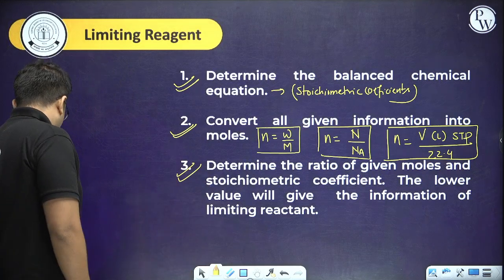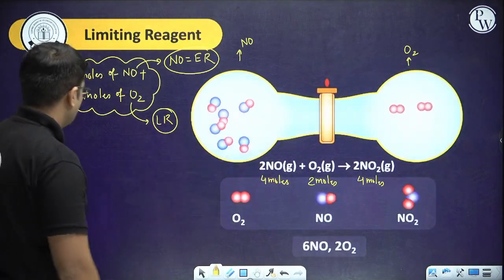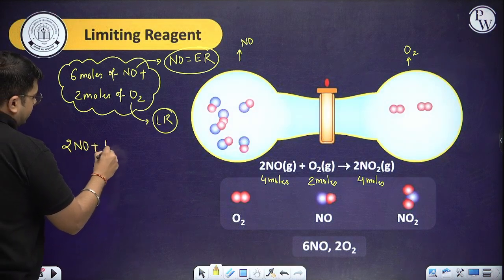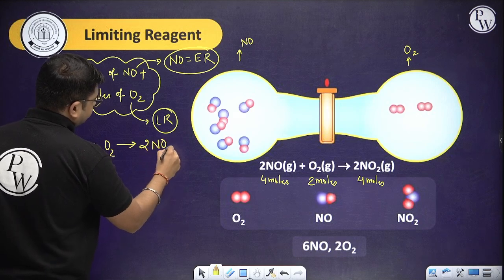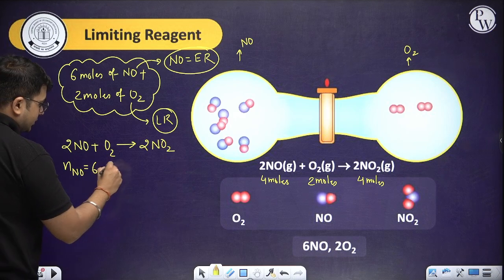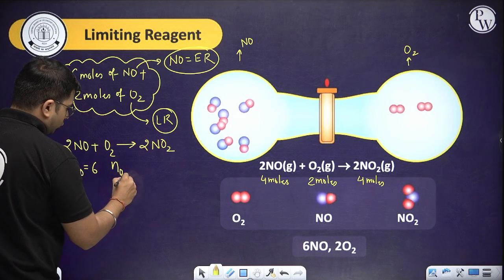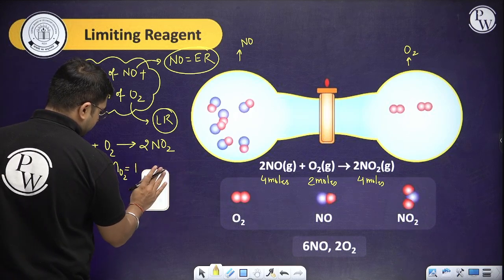Now try to apply the entire method to the same equation. We have the equation that 2NO combines with O2 to form 2NO2. The number of moles of NO is already given, which is 6. The number of moles of O2 is given, which is basically 2 in this case.